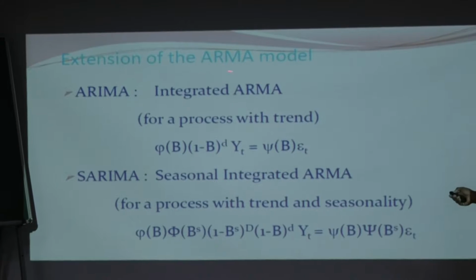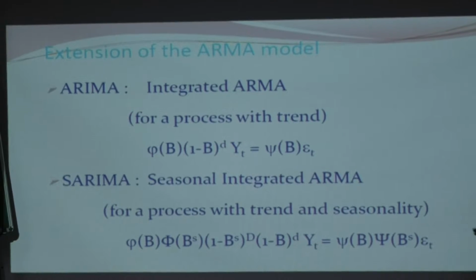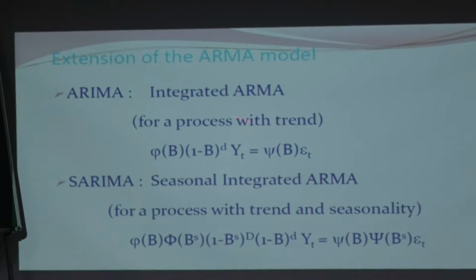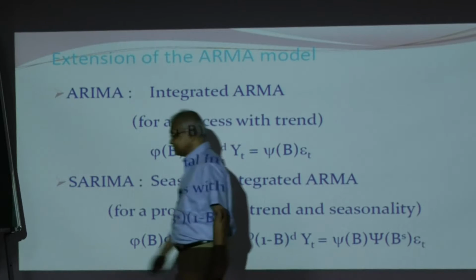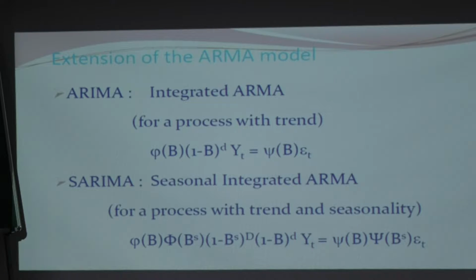It's called an integrated ARMA. For a process with trend, we use the ARIMA model. Okay? And the ARIMA model is written this way. Remember, how was the ARMA written? Remember? What's the difference? Can you tell me what the difference between the ARMA and the ARIMA is?